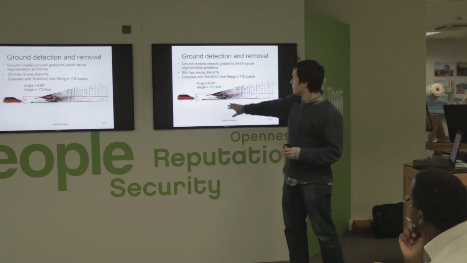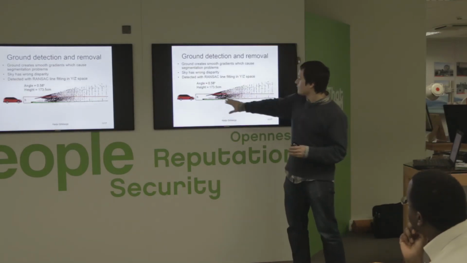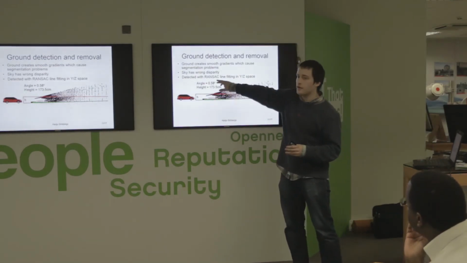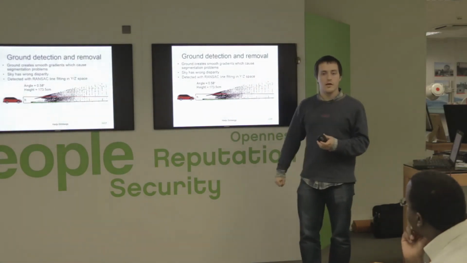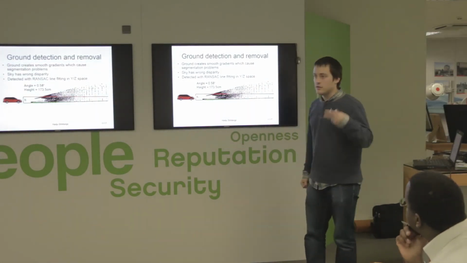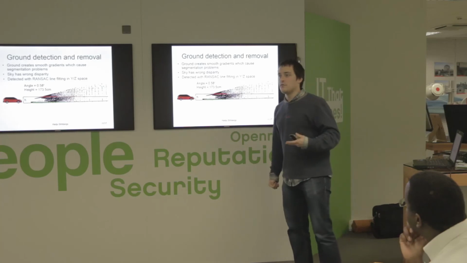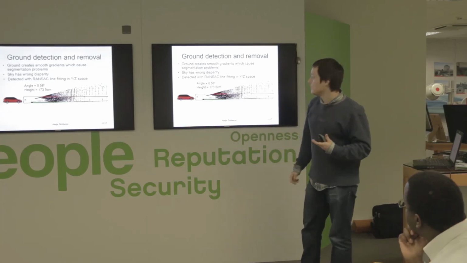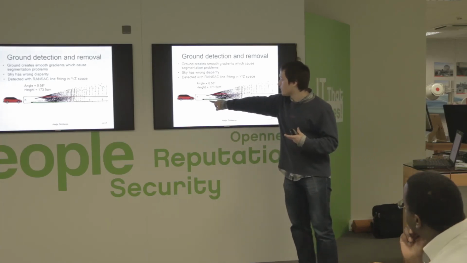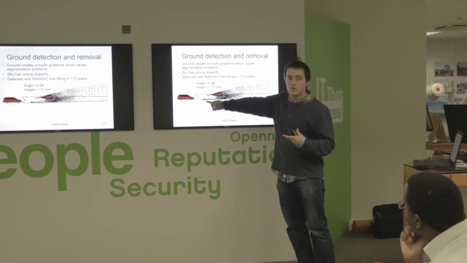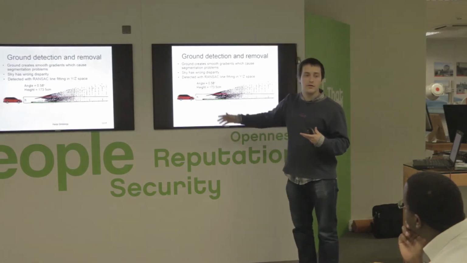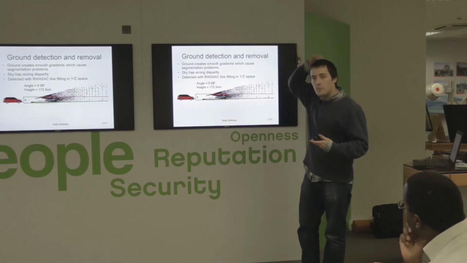I take all the points and run RANSAC, the random sample consensus algorithm, which iteratively finds the best fit for a line. As I said, most of the points are on the ground plane, so the line that will be found is on the ground plane, and that is pretty fast.